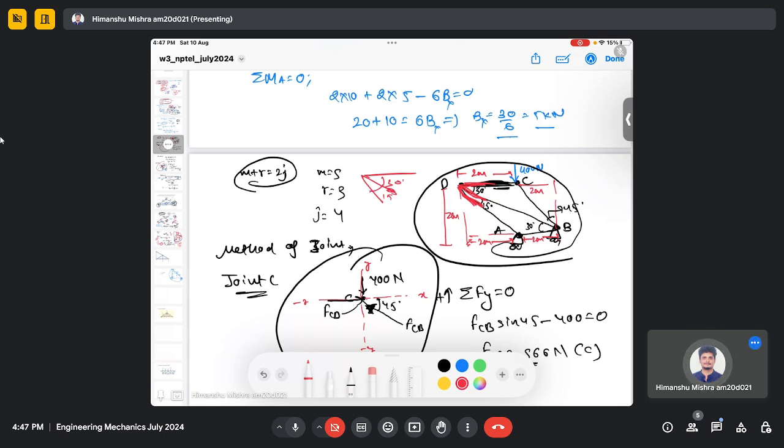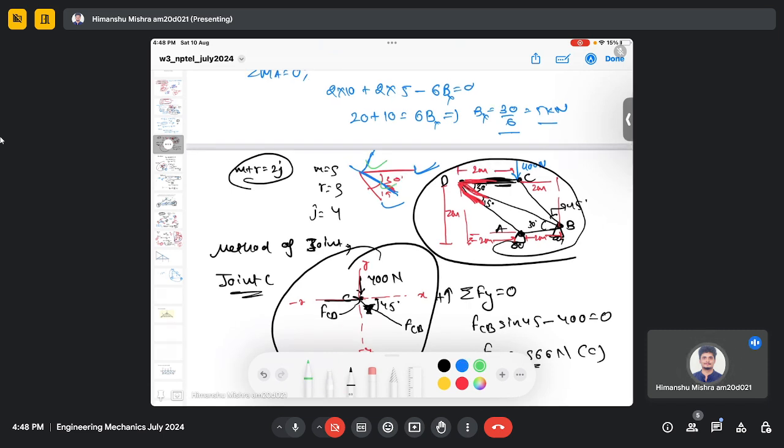So in this type of problem, you can change the coordinate system.